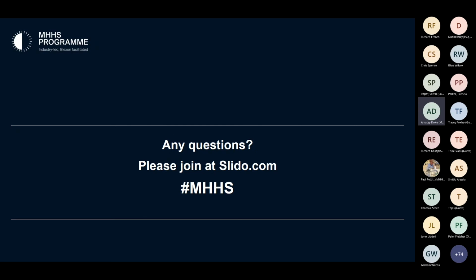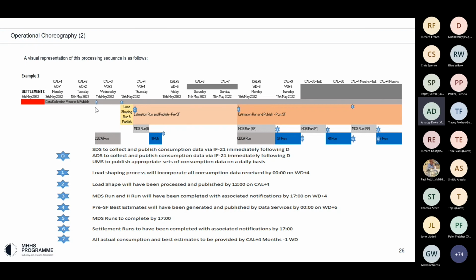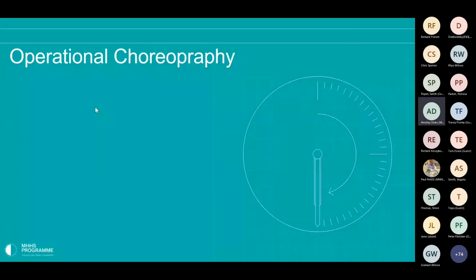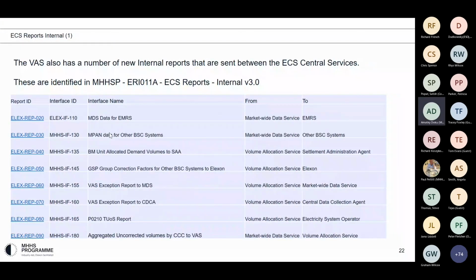We've then got Alex: REP MHHS IF 165 is shown as internal, yet goes to ESO, not Elexon. That's probably my fault.